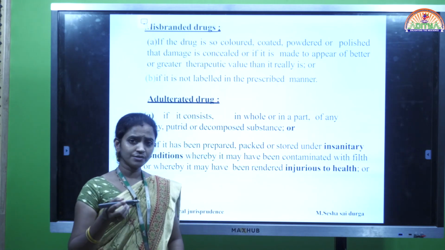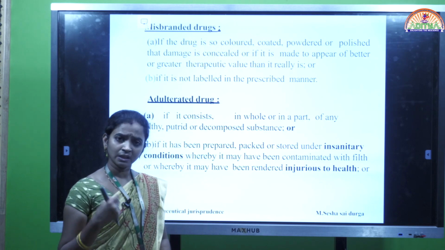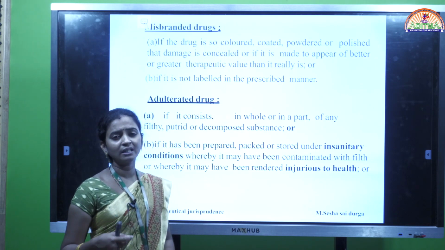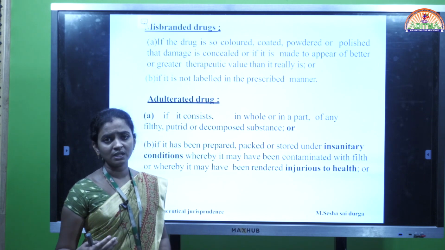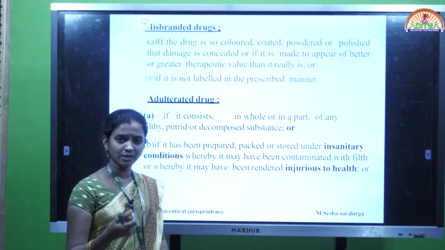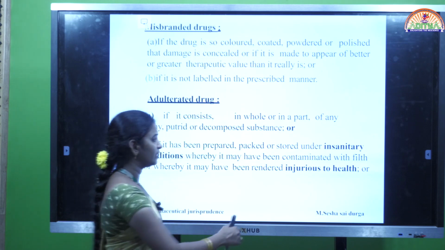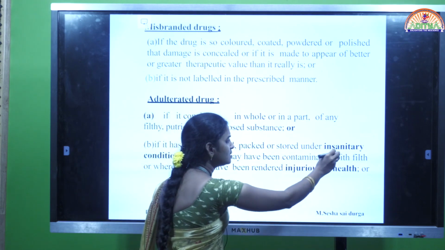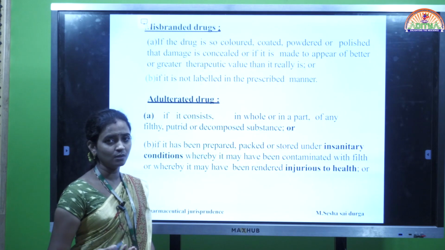So the drug is actually pure, but when you are preparing that drug, maybe you stored it in somewhat unhygienic conditions. During the storage or during the manufacturing, we are not following sterile conditions or good hygienic conditions. That is given here, stored under insanitary conditions. So insanitary means not healthy, somewhat dirty.